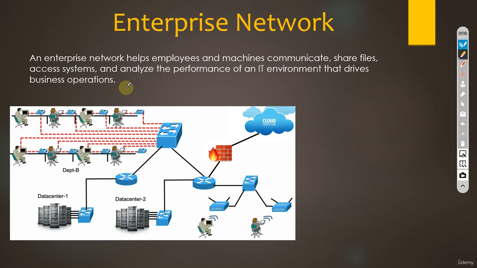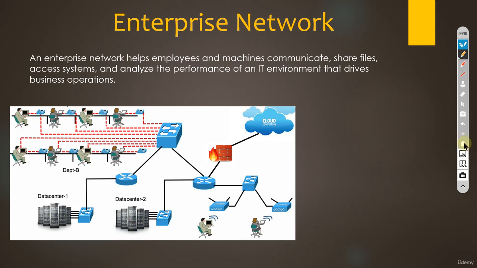So the goal is almost the same that we were achieving in a small network, where I was demonstrating only two computers connected with what? The physical cable, which could be the Ethernet cable. The goal was to share files from this system to another system and vice versa.